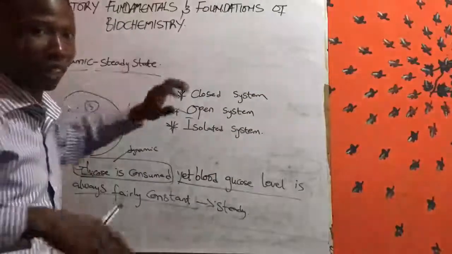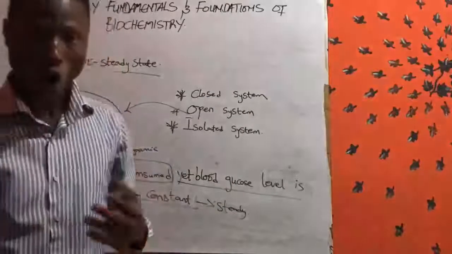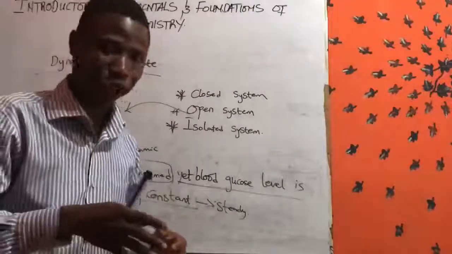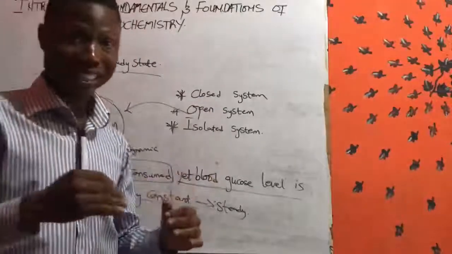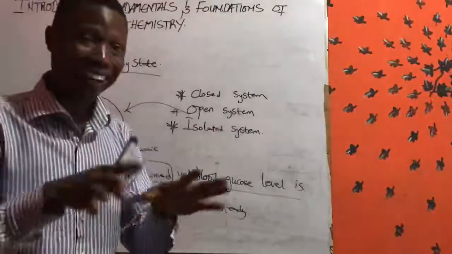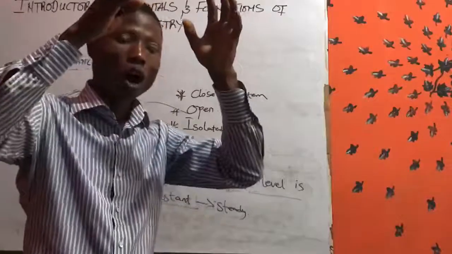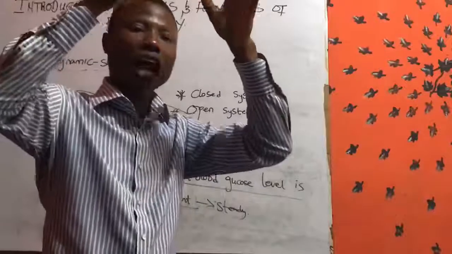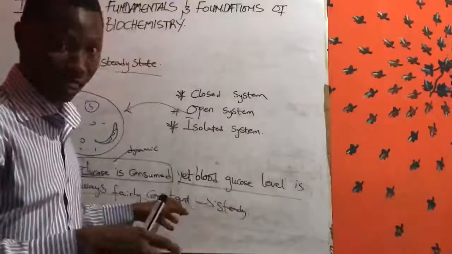I'll go through that again. The rate of influx and efflux, or synthesis and degradation, which is the dynamics of biomolecules in the cell, is monitored and regulated such that the average amount of biomolecules in the cell is fairly constant.